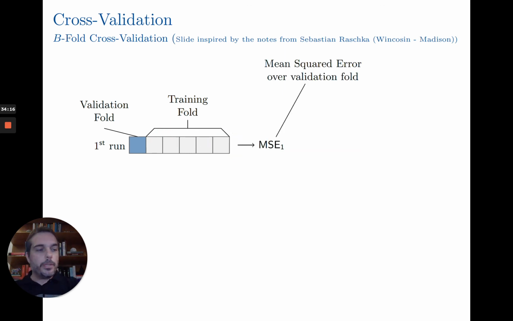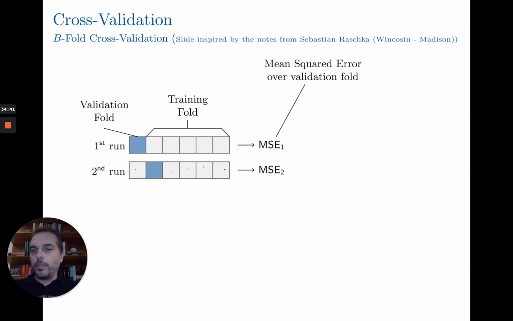And then we compute the mean squared error. This mean squared error will be computed in the blue fold. Label it MSE1. Now, for the second run, we estimate the model in the first fold, the third, the fourth, and so on and so forth.